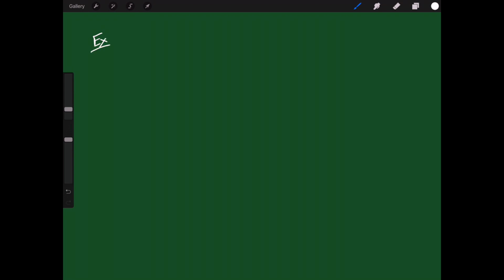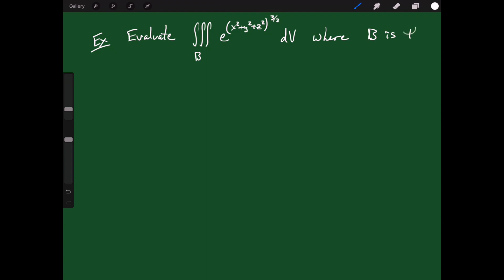So an example, let's evaluate the triple integral over B of e to the x squared plus y squared plus z squared, all of that in the exponent, to the 3/2 power dV, where B is the unit ball.